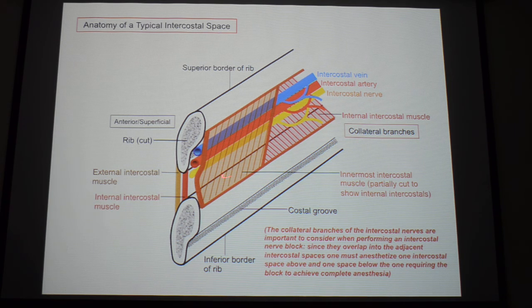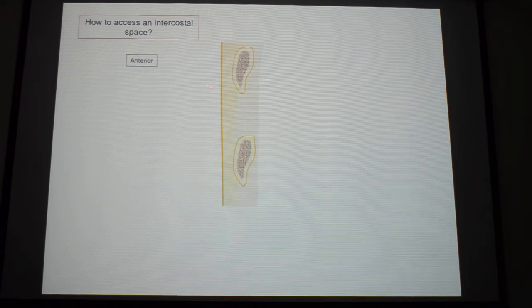We should give maximum benefit to our patients. The question is how to access an intercostal space. Now let's look at that.